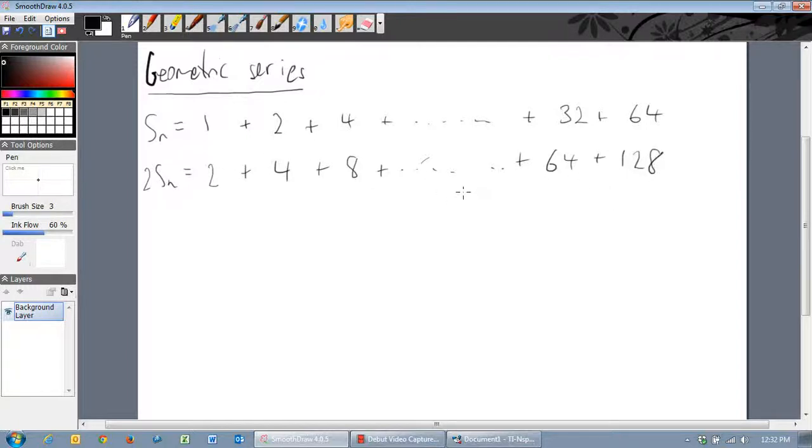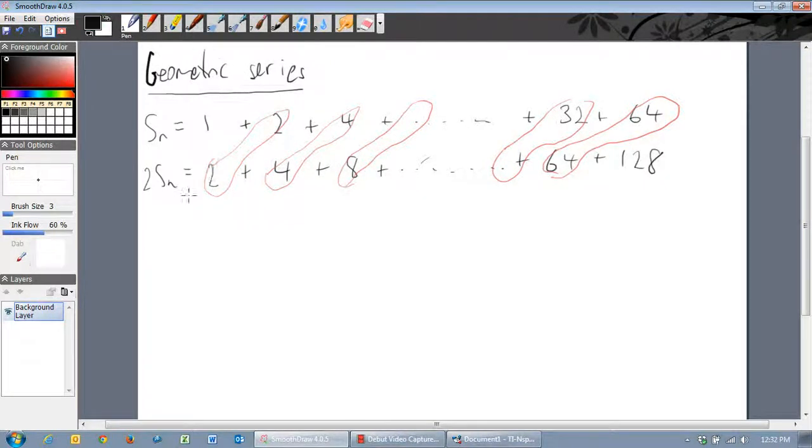And so he got this situation here. What he saw is that every term apart from the first term and the last term all matched up together, and from here you can simplify it really quickly.